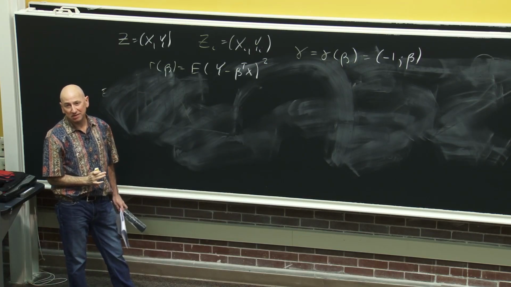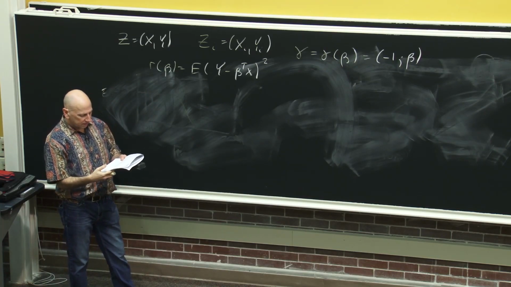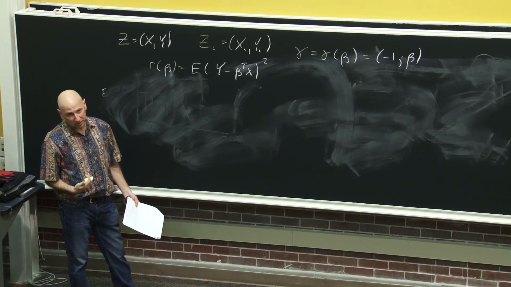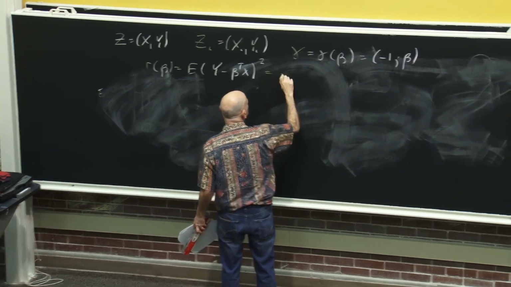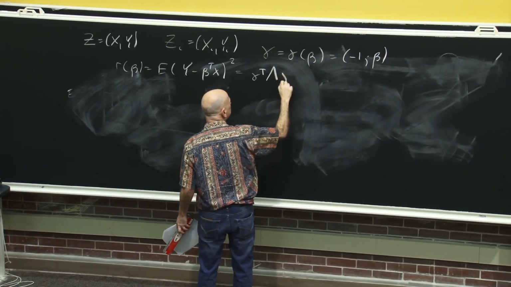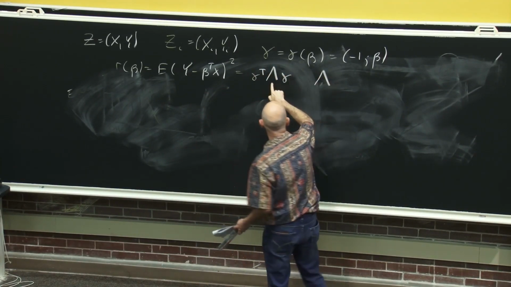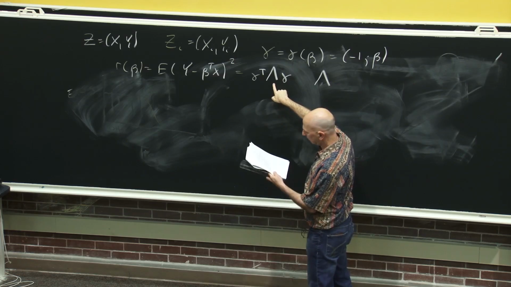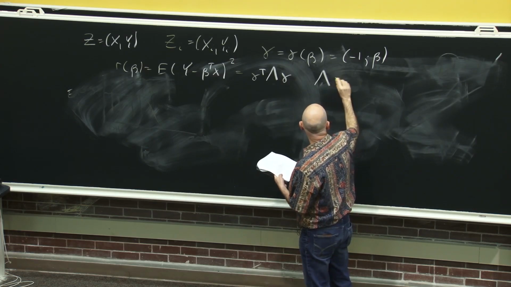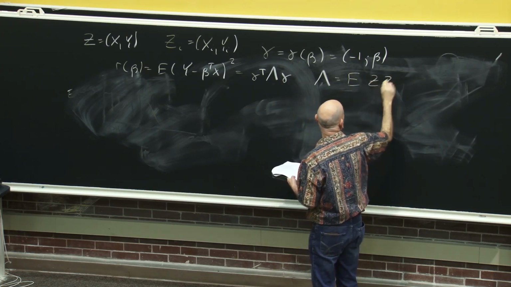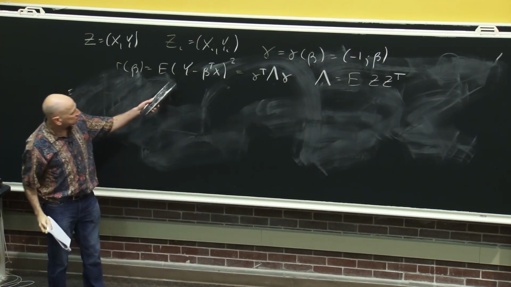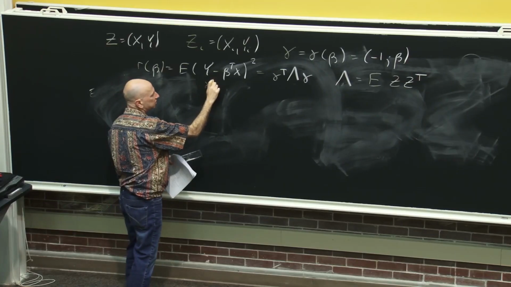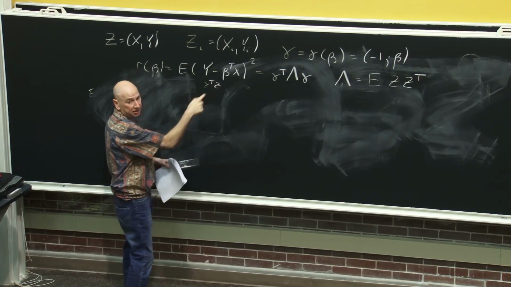It's going to make all of the notation far easier, but also it makes it clear we're just dealing with some sort of quadratic form. This is nothing other than gamma transpose lambda gamma, where lambda is the expected value of z z transpose. Because you can just see this is just gamma transpose z here, and then we're squaring it and taking the expected value.